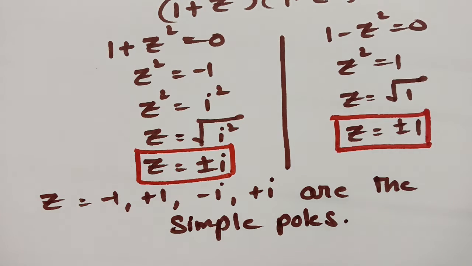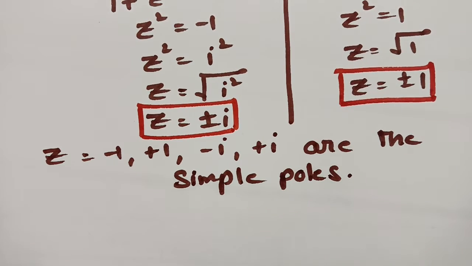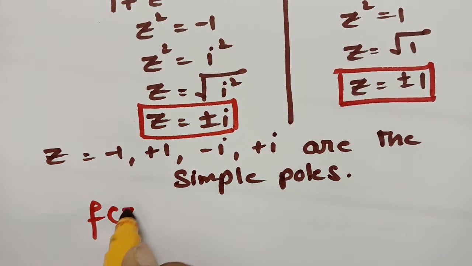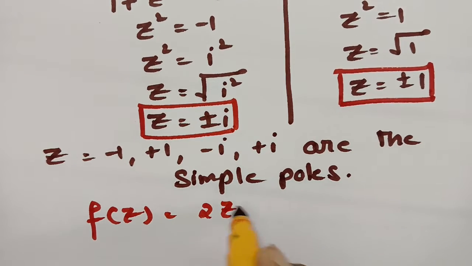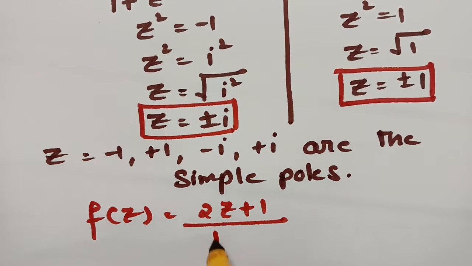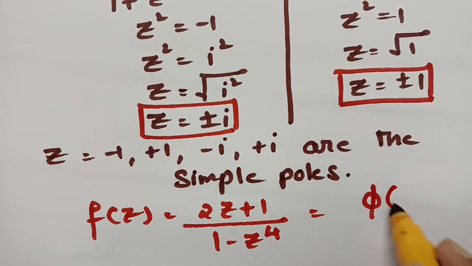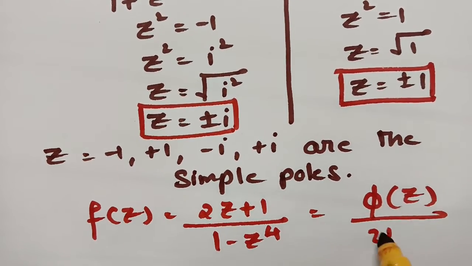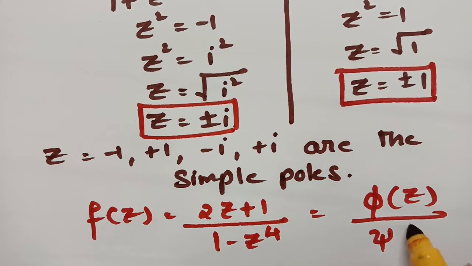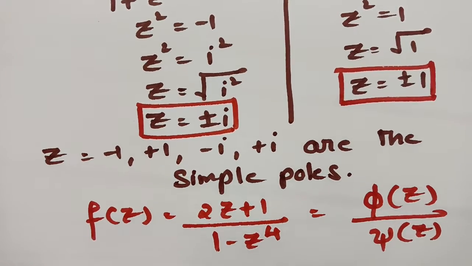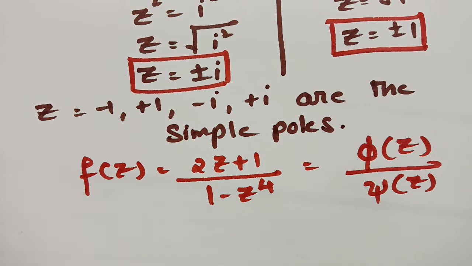Now, first of all, what is our function? Our function f(z) is given as (2z + 1)/(1 - z^4). First we treat the numerator as phi(z) and the denominator as psi(z).